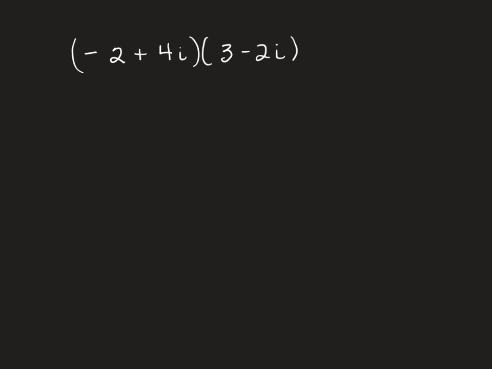And this last one is multiplication. And multiplication is handled the same way we have always handled multiplication. I like to do it in order, so I want to multiply these two numbers together, and that's going to give me negative 6. I then want to multiply these two numbers together, and that's going to give me a positive 4i. I'm going to go to these two numbers here, and that's going to give me a positive 12i.